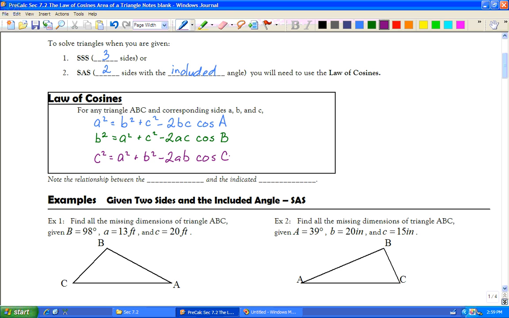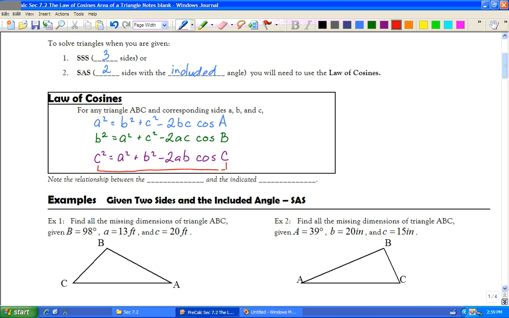So you can see the pattern that is set up in the formula, and it just depends on what information you are given. Again, the side squared and the angle that we're taking the cosine of are going to be the same, and it's the other two sides that are squared and then added together, and then you subtract 2 times those two side lengths times the cosine of the angle opposite the side you're given.